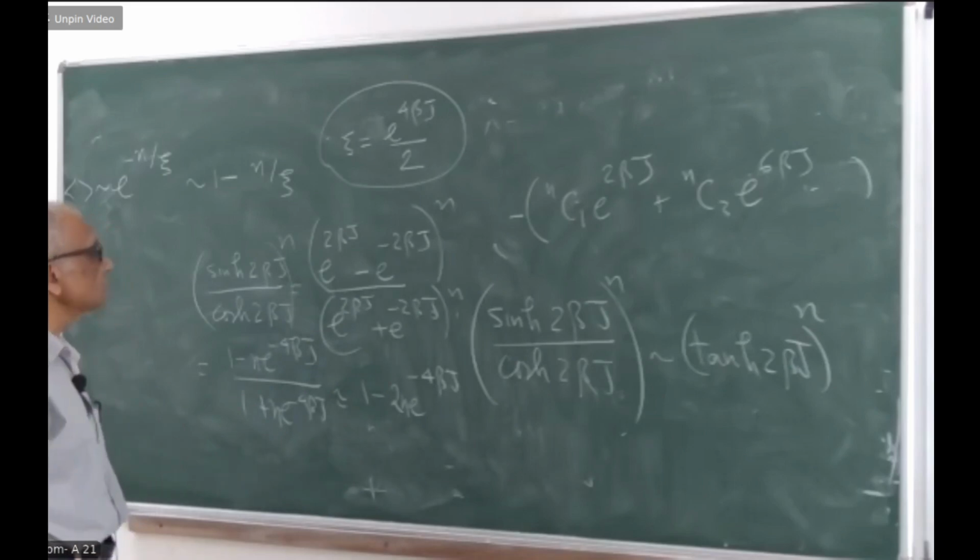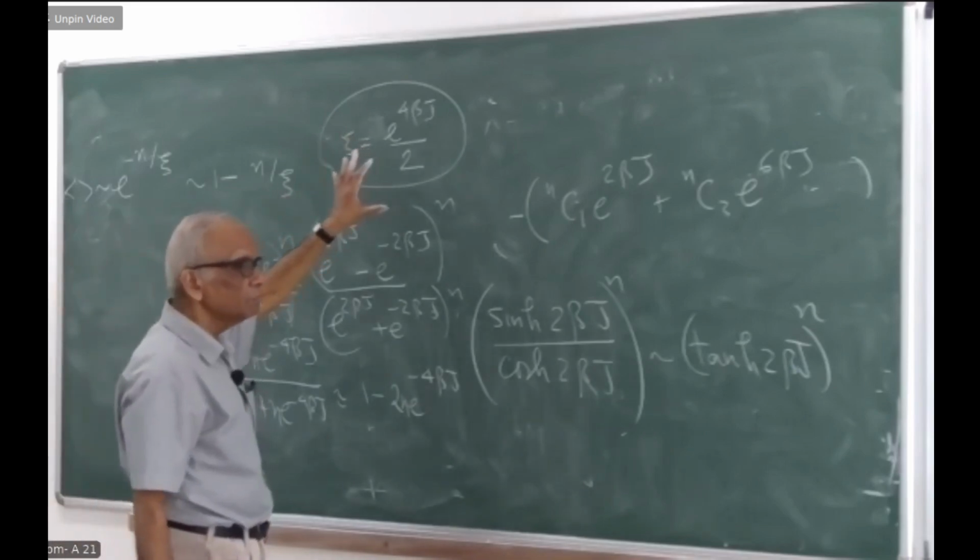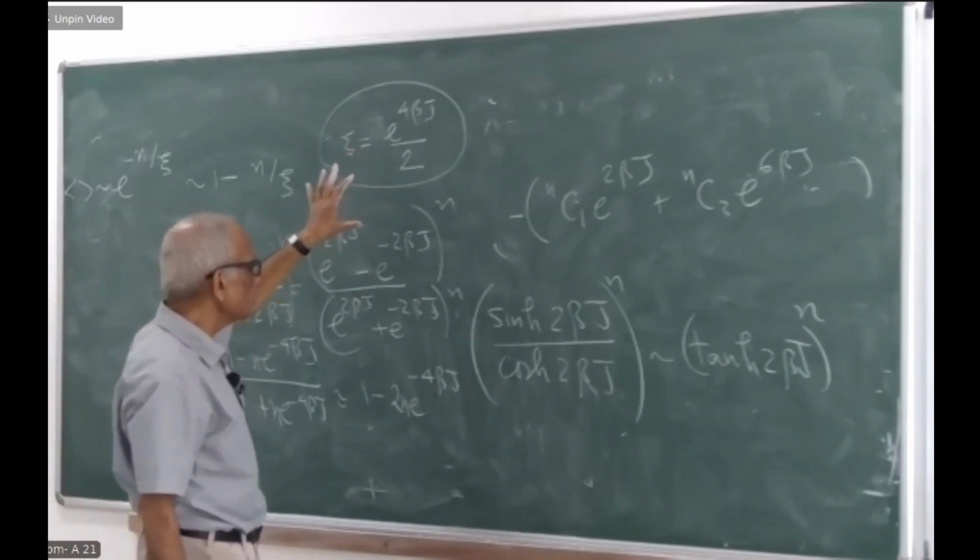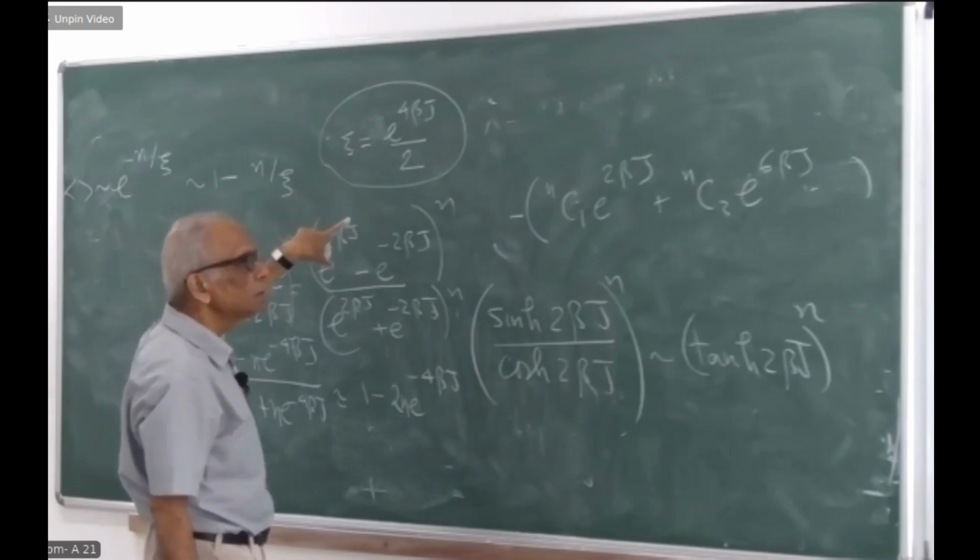Just a bit, this power of 4 doesn't look very good. What's going on? I mean, it is e to the power, but 4, what happened?